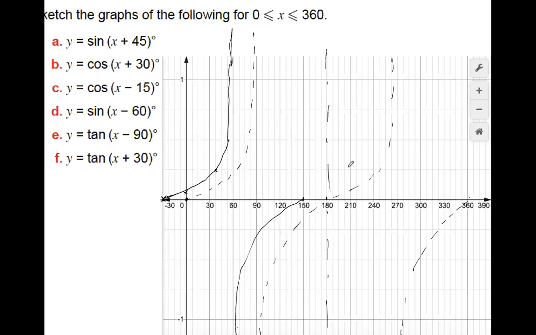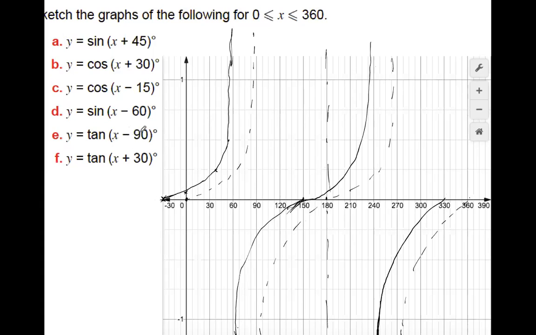And again, shift all this by 30 degrees. This would just go like that. And the same for this one. I'm going to start here and just come down like that. So we've not done many tan, but that's what it would look like. You just shift everything to the left by 30.